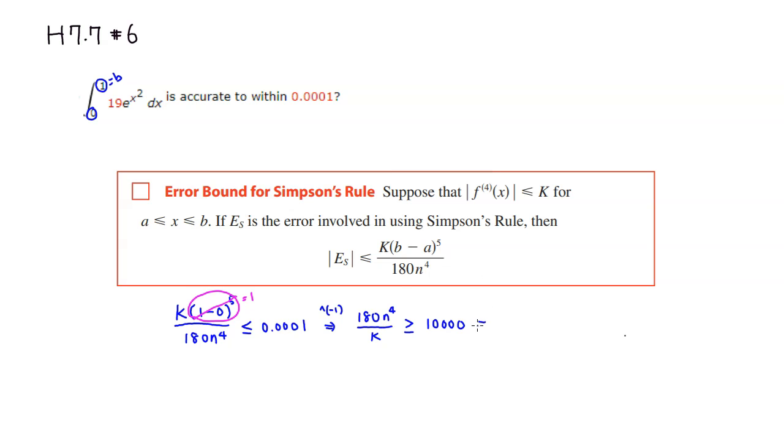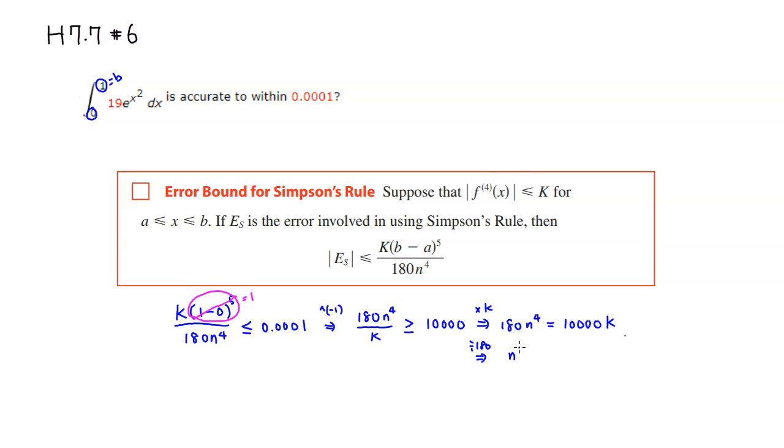All right, then I'm going to try to solve for n. I'm going to multiply both sides by k. So we have 180 n to the fourth power is equal to 10,000 times k, right? Then I'm going to divide through by 180.